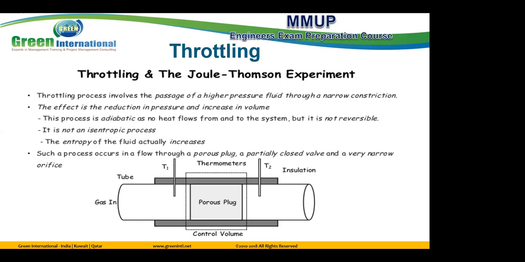To obtain entropy without any change, like the ideal case, the system should have two things. What are these two things? It should be a reversible process, and second, adiabatic. And what is the meaning of adiabatic? No heat transfer. This throttling process is an adiabatic process.